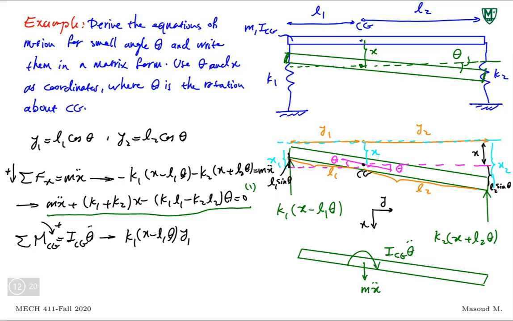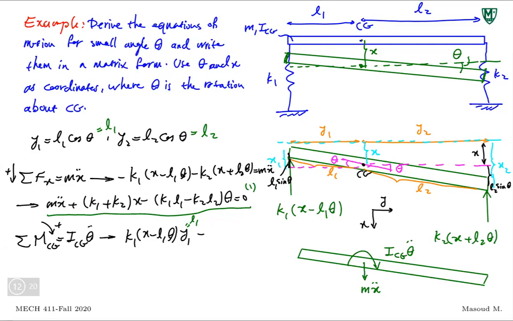And let's just simplify things. Remember, for a small angle, L1 cosine theta is L1, and L2 cosine theta is L2. So this Y1 is basically just L1. We have the other force on the other side. This is negative the moment it creates around center of gravity.